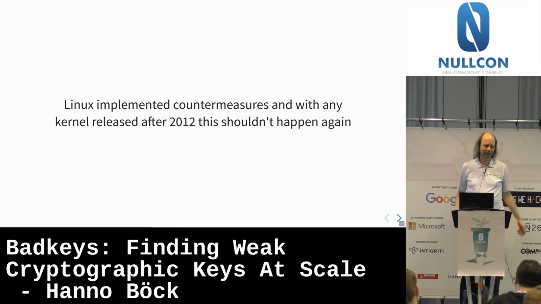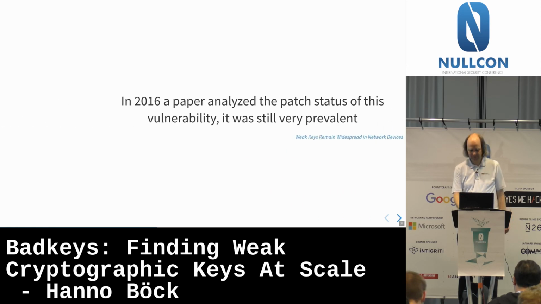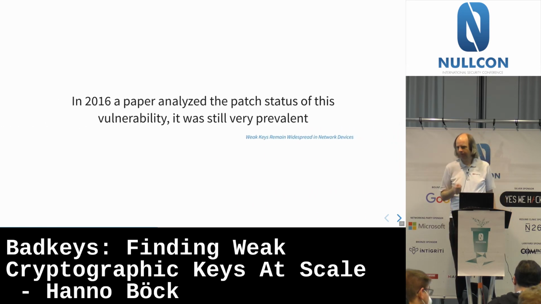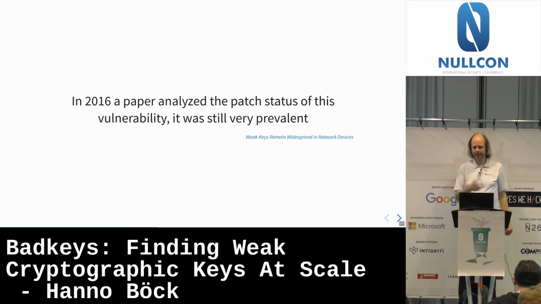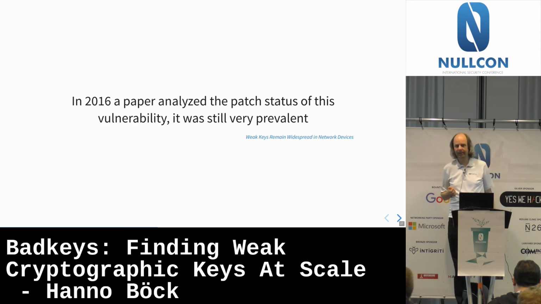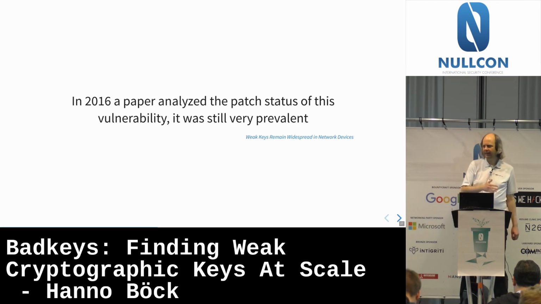It's not unusual to apparently have 10-year-old kernels on devices. And there's actually a paper from students of one of the researchers who discovered this, in 2016, and what they did is they analyzed this vulnerability over time. They had TLS scans from various years, and you could not really see this going down.